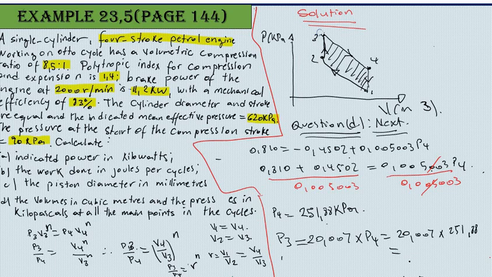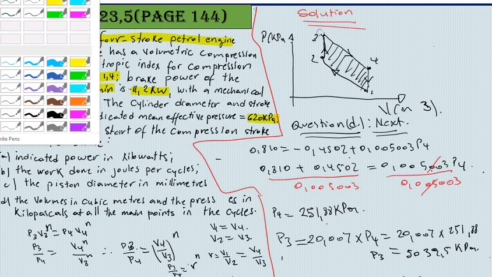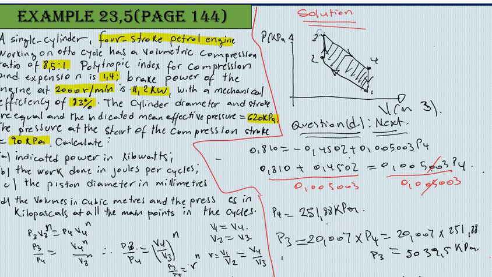So the value of P3 is 5039.5 kilopascal. So that is P3 and that is P4. Okay, that's it.